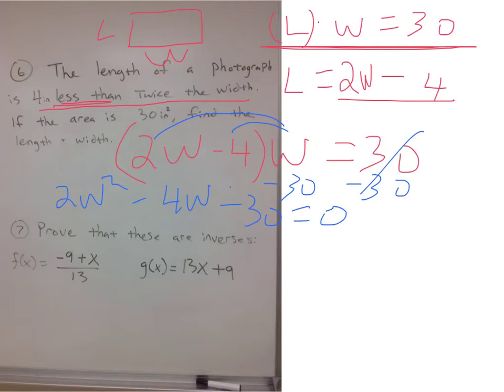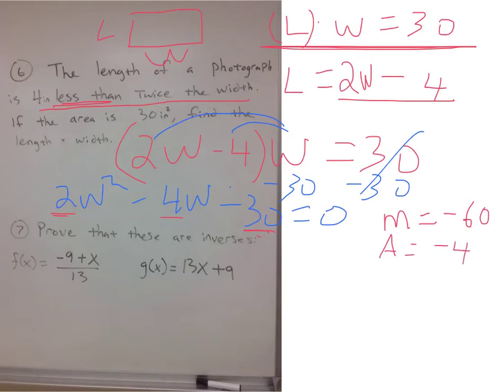And I'm going to solve it by factoring. I'm going to use the M&A method, and I'm not even going to take out the common factor here, though these things are all divisible by 2. I'm just going to do M&A like I imagine y'all would do the M&A method, which is to say that you would say the multiply number is 2 times negative 30, so negative 60 is my multiply number, and then my add number is negative 4.